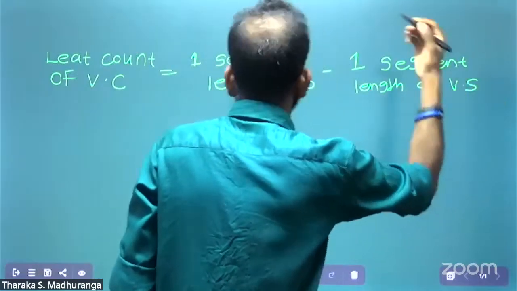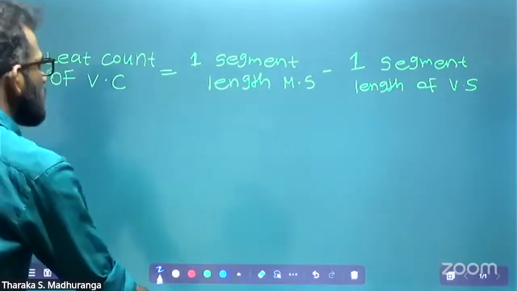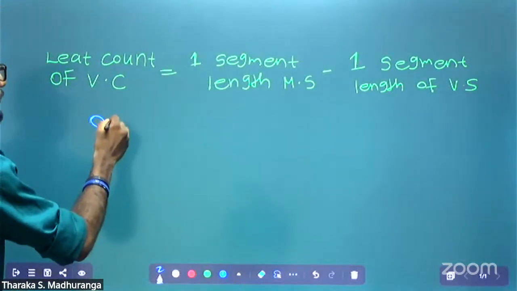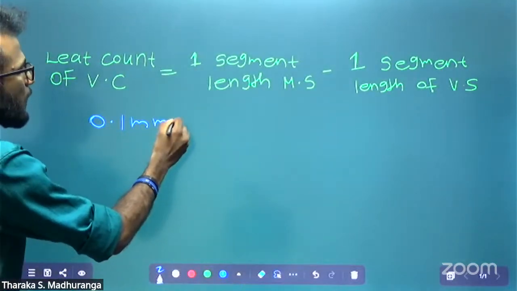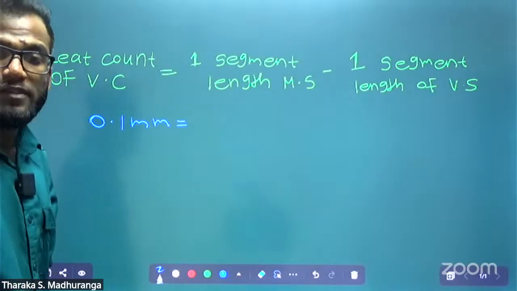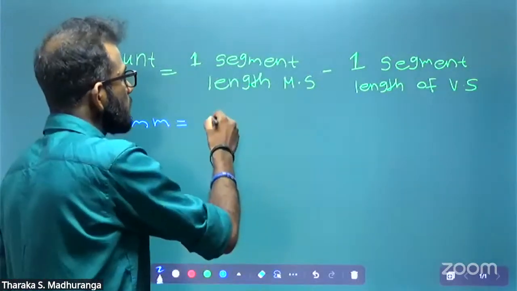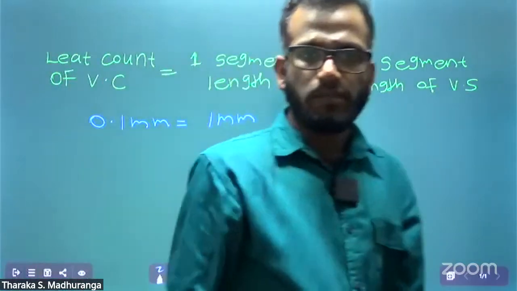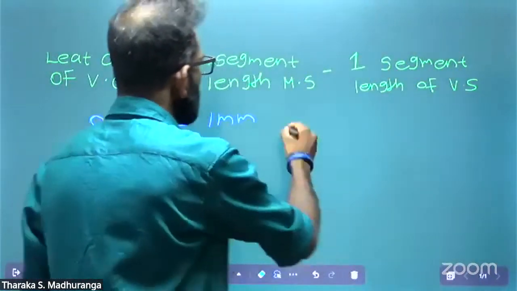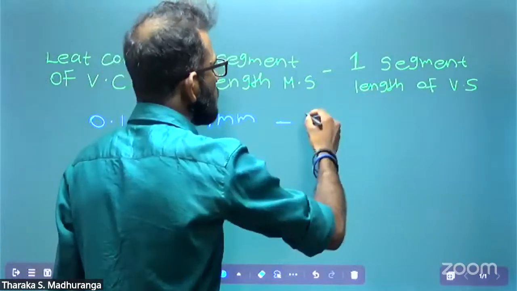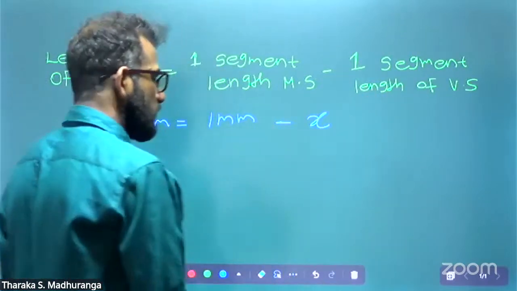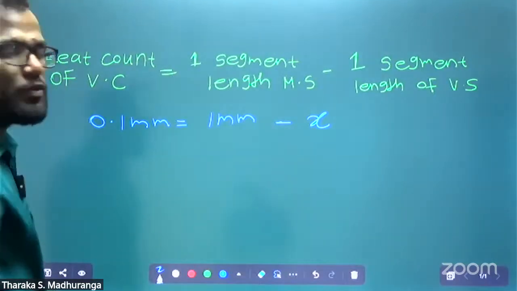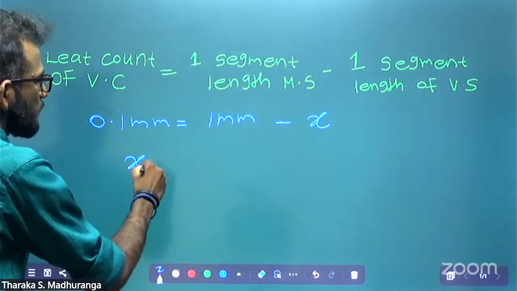Now in this question, the least count is given. The least count is 0.1 millimeter, and the main scale one segment is given as 1 millimeter. The question asks for one segment of the vernier scale; think of it as x. Now you can isolate x. Very simple.